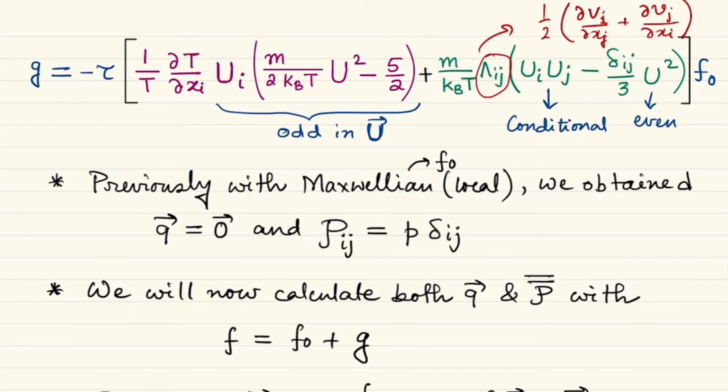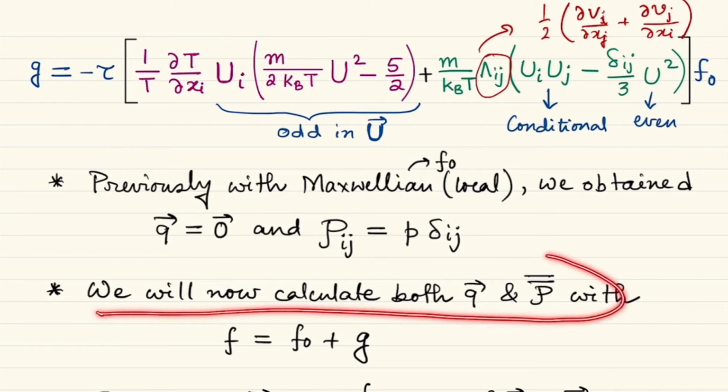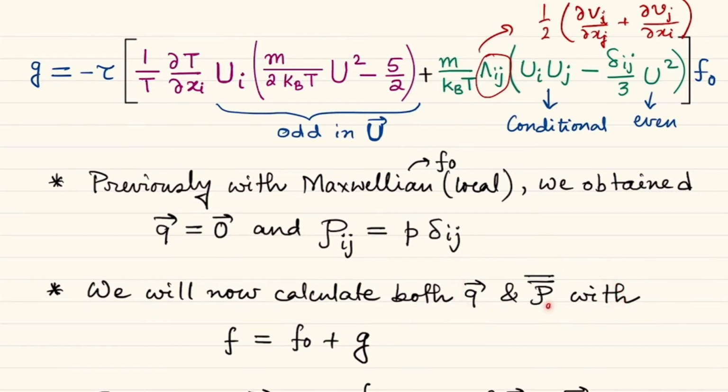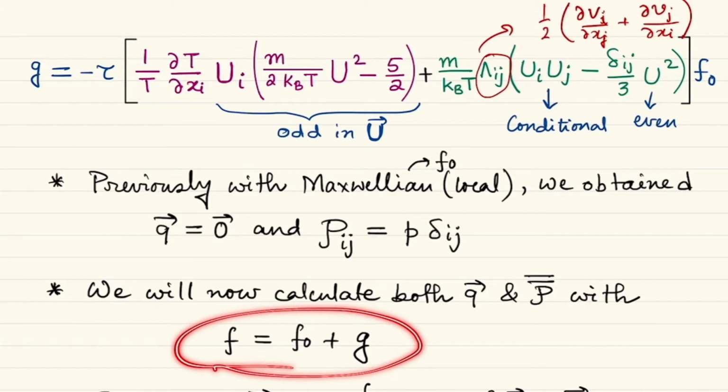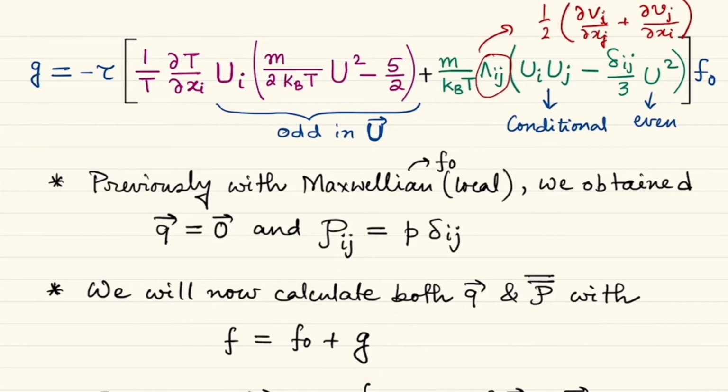Okay, so we will now calculate again Q vector and P tensor with this new distribution function, and as we can expect Q will no longer be 0, Pij will no longer be purely diagonal, right?